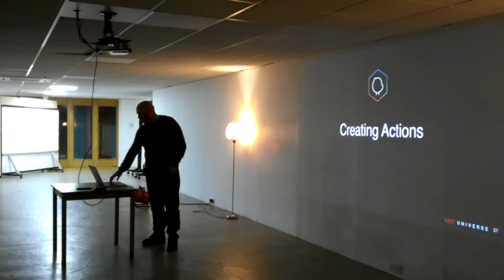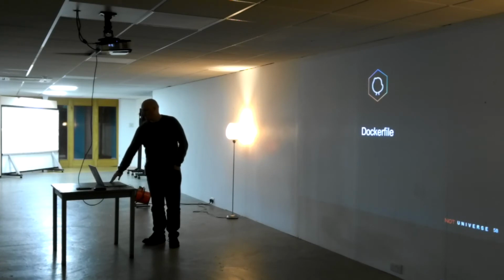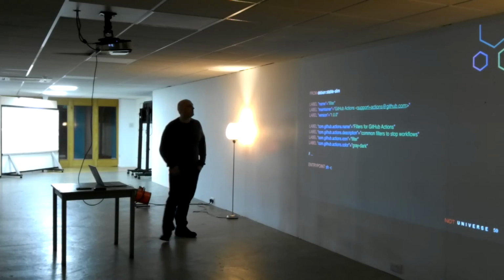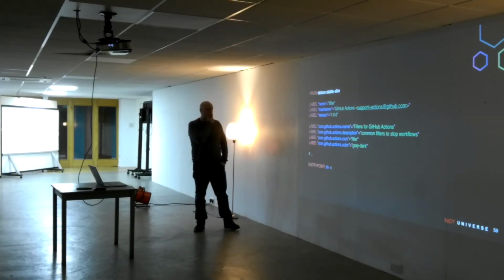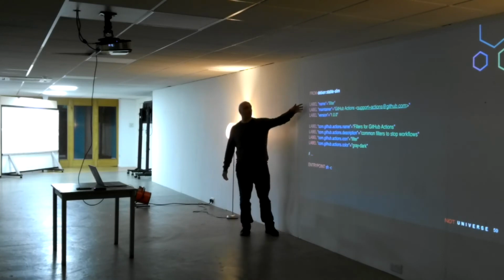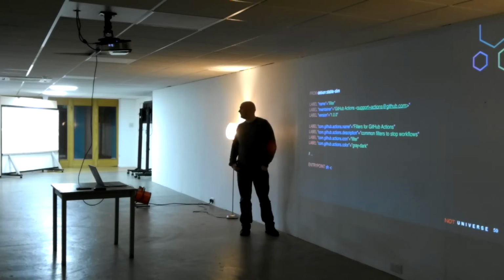So I'll see if I can pull this through. To create an action, like I say, you create that Docker file, and this is a general syntax. These labels aren't mandatory, but if you do create them, when you create an action, we'll scan these as you commit them in, and add them to our marketplace, so other people can find them.